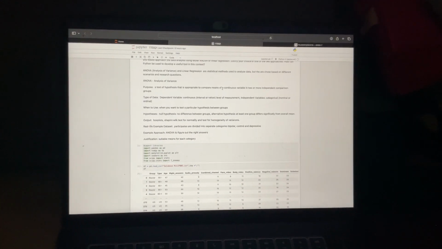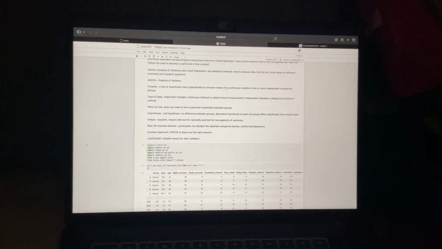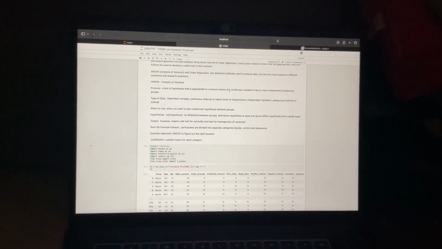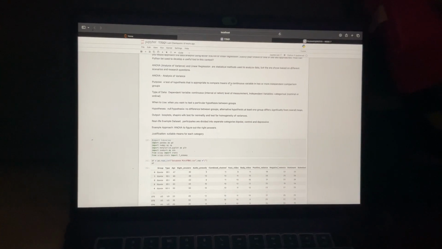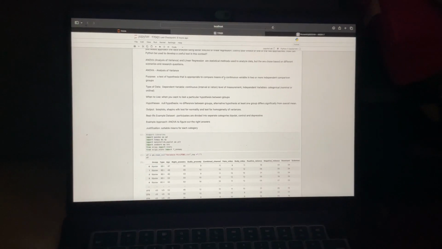A real-life example is participants being separated into three categories: bipolar, control, and depressive. The approach is to analyze the right answers, and the justification would be suitable means for each category.